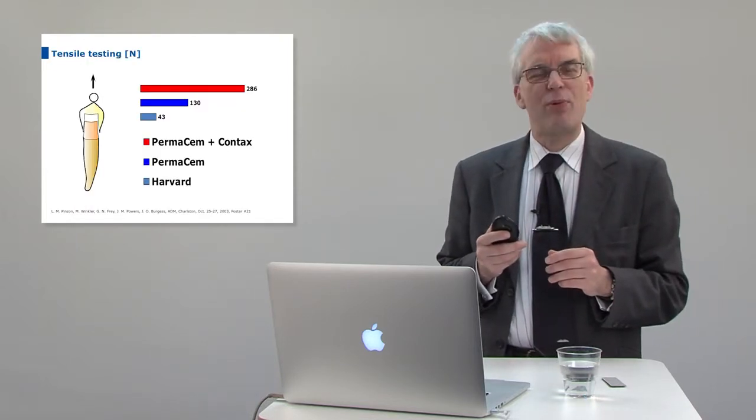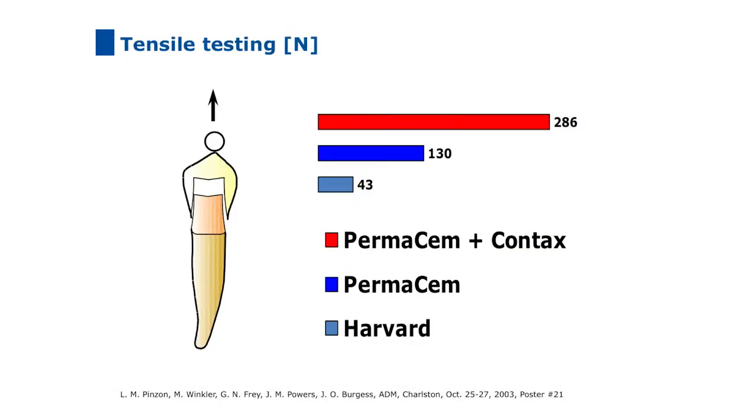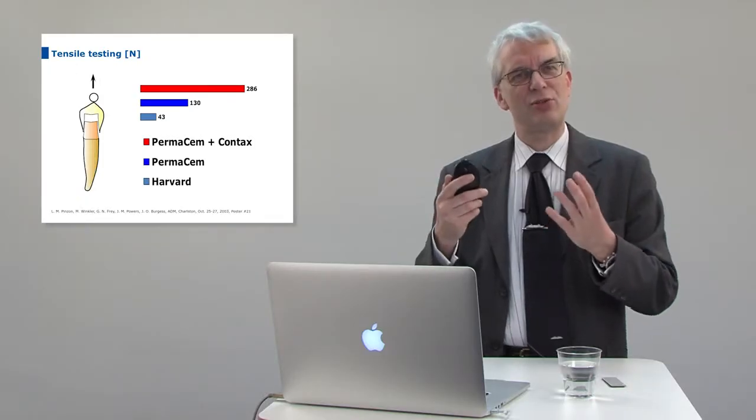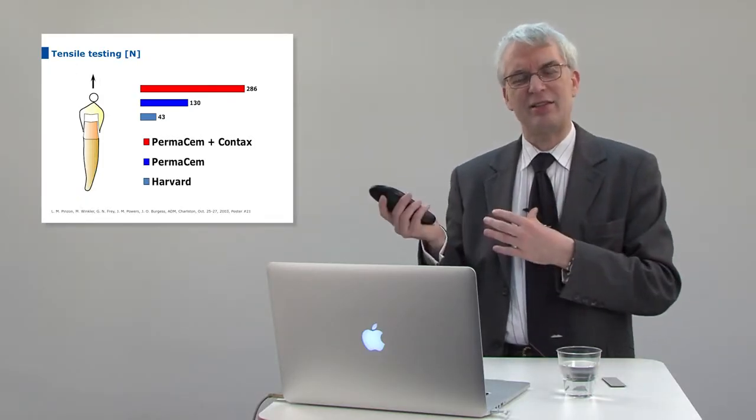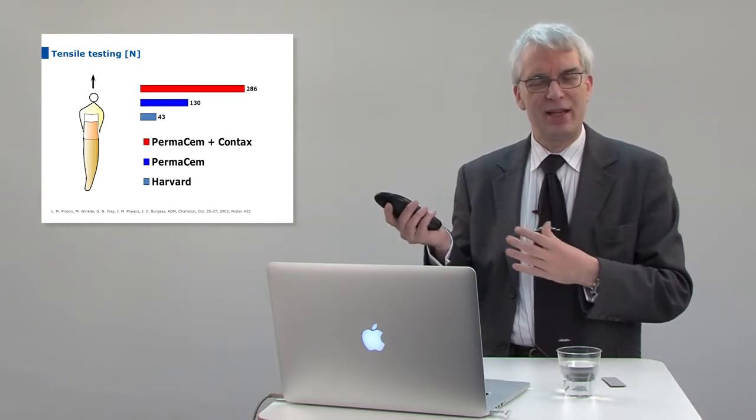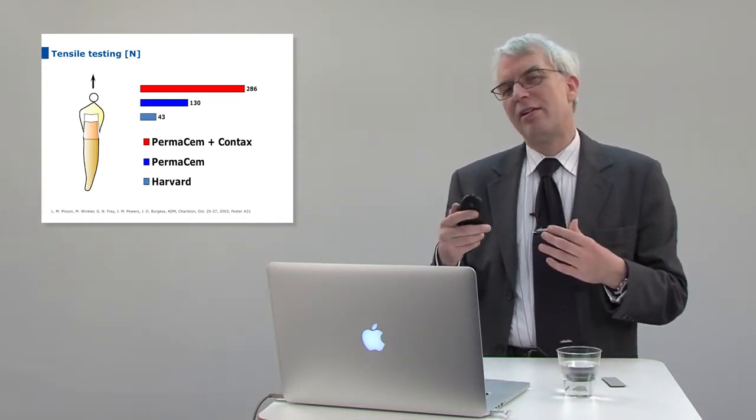And the results were quite striking and stunning. First of all, even without a bonding agent, PermaCem had 3 times as much adhesion to the tooth structure as did Harvard cement. And the second part, you could even double this figure by using a bonding agent.